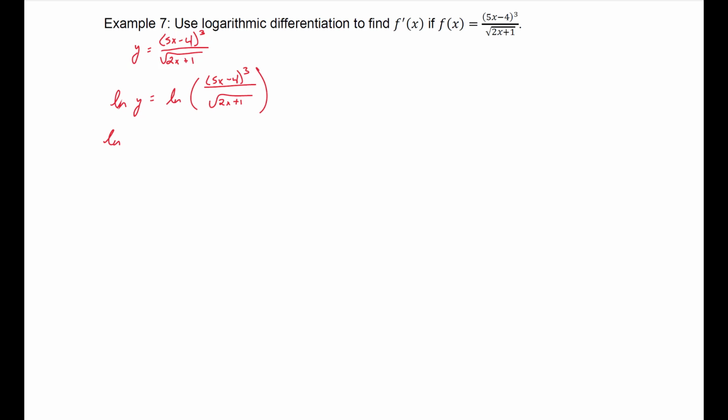Now rewrite the right-hand side using our logarithmic properties, so natural log of y equals 3 natural log of 5x minus 4 minus 1/2 natural log of 2x plus 1. Now let's differentiate.